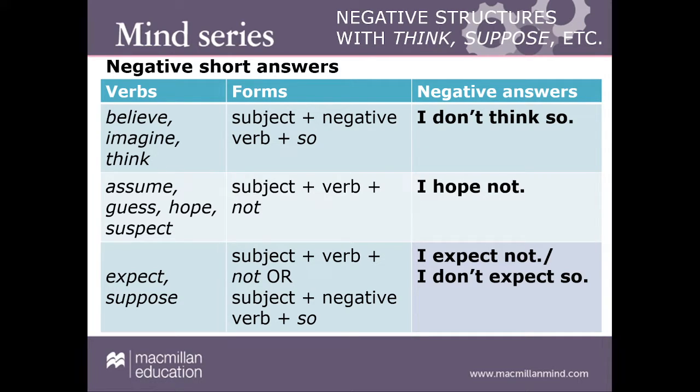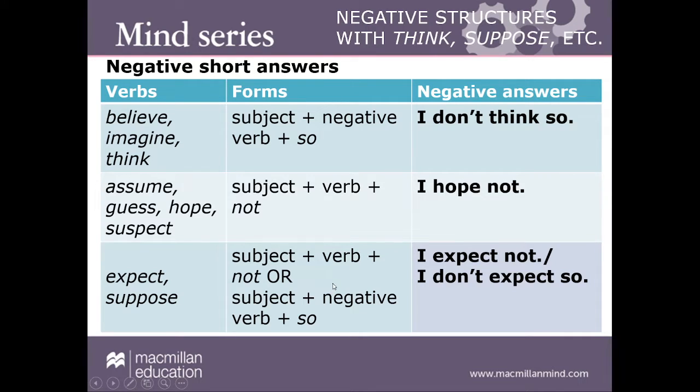I don't think so. Cuando quieras negarlo, vas a decir I hope not, I guess not, I suspect not. Pero con el believe, con el imagine y el think vas a usar el so. Con el expect y el suppose, I expect not, I don't expect so. Ambos están correctos. Okay?